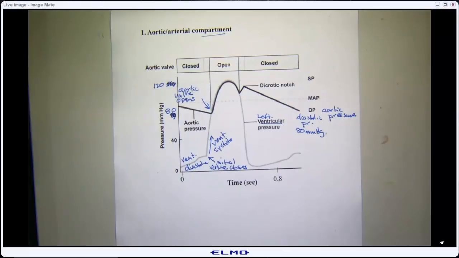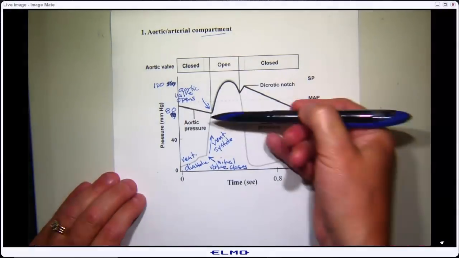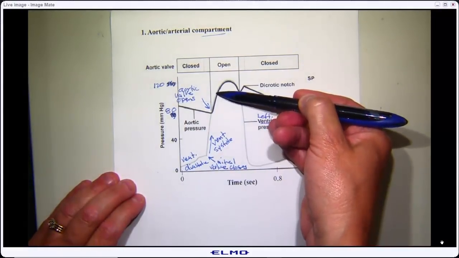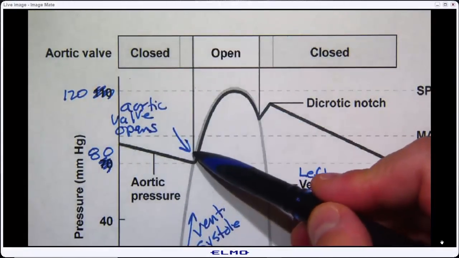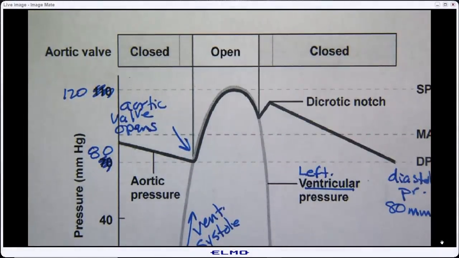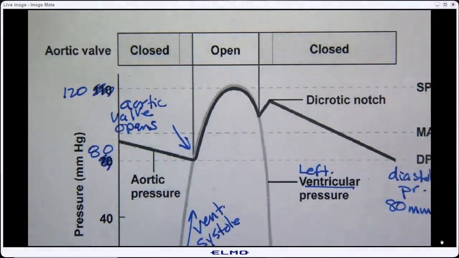And as long as ventricular volume stays above aortic volume, that aortic valve will stay open. Right, so as long as this gray line here, it's kind of hard to see, the pressure in the ventricle stays above the pressure in the aorta, that aortic valve will stay open and we will continue to eject volume.